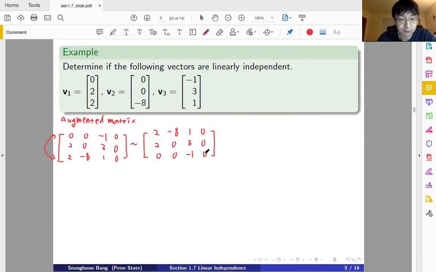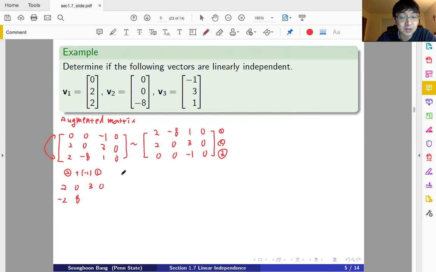The next step. This is the first row, second row, third row. You have to eliminate this 2 from the second row. How can you do that? The second row plus -1 times first row. Second row is 2, 0, 3, 0. The first row times -1: 2 times -1 is -2. The -8 times -1 is +8.